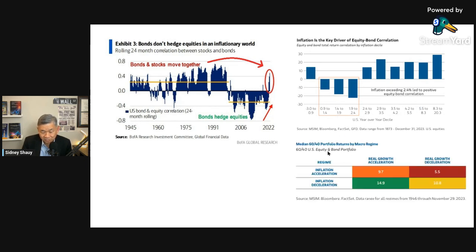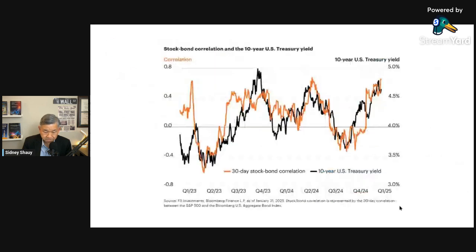Also, here's a 2 by 2 table to show the effect of inflation and growth, GDP growth, accelerating or decelerating, and what happens with the correlation. As you can see, in some instances we have a better or worse situation for the correlation.